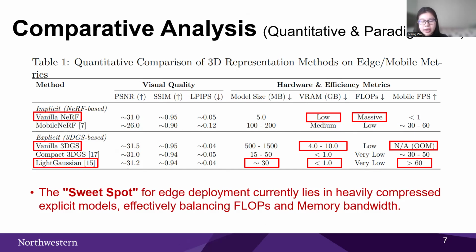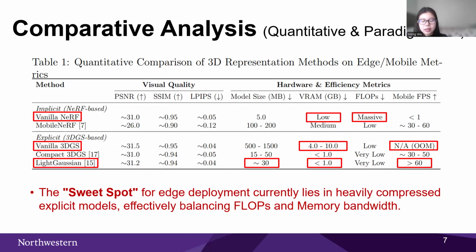Vanilla 3D offers excellent visual quality, but crashes with an out-of-memory error on edge hardware because it requires between 4 to 10 GB of VRAM. The sweet spot for edge deployment is distinctly found in compressed, explicit models like LightGaussian.